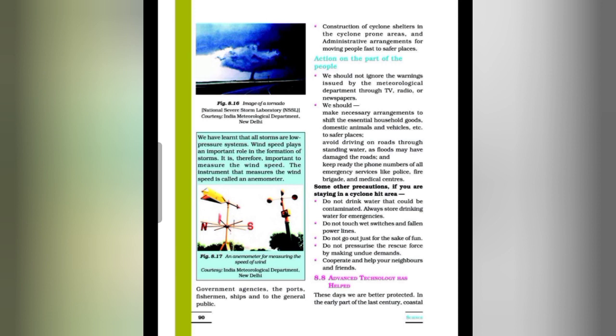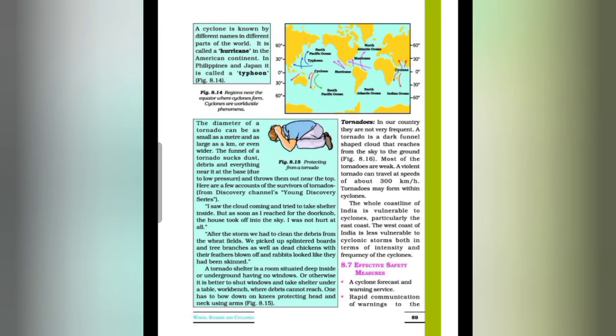And you can also shut windows and take shelter under a table, and you should bow down on knees, protecting head and neck, raising arms, as you can see in figure 8.15. So by following these steps, you can save yourself during the tornado.